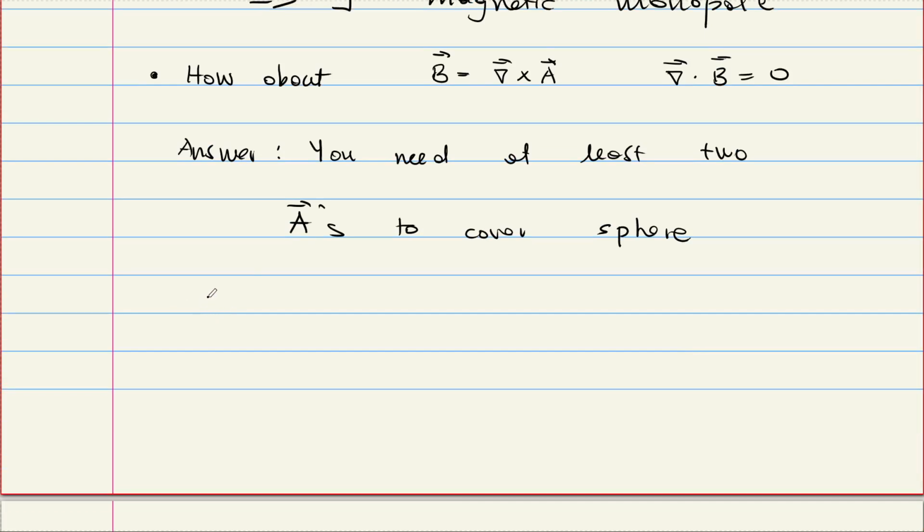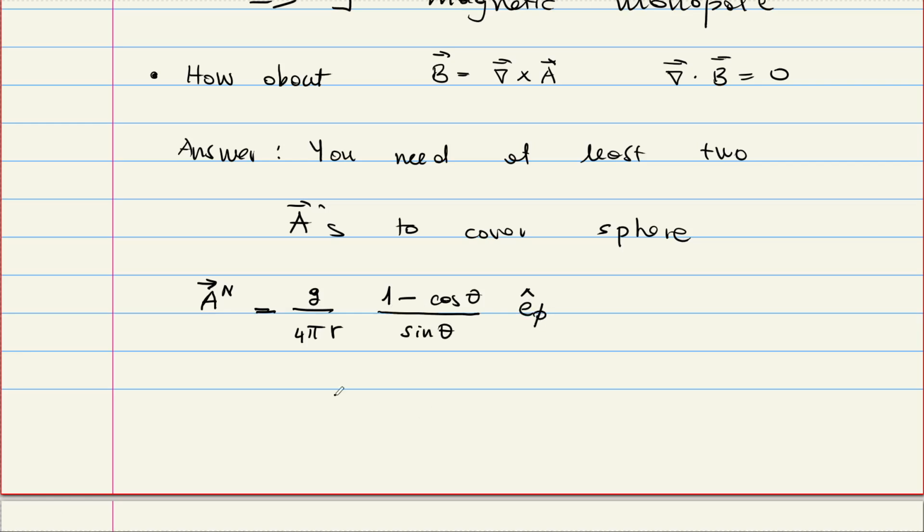The first A, I'll call A north. That's a well-defined vector potential for the north pole, and its form is something like this: g over 4 pi r, times 1 minus cosine theta divided by sine theta, unit vector along phi.